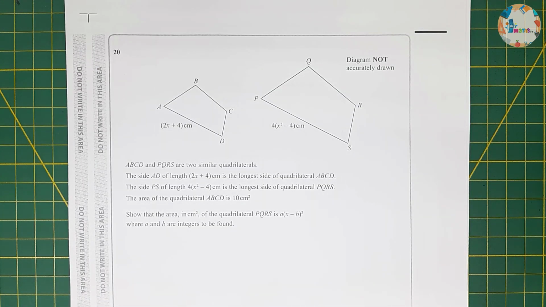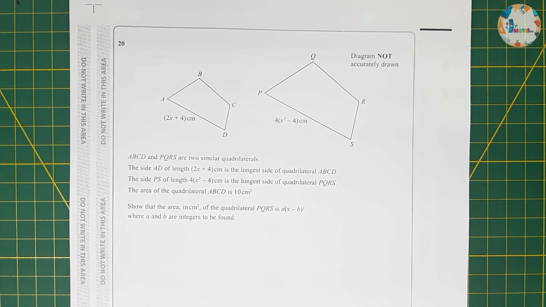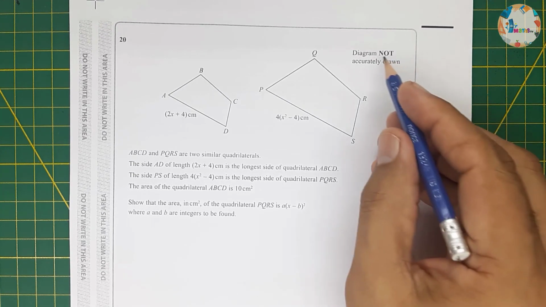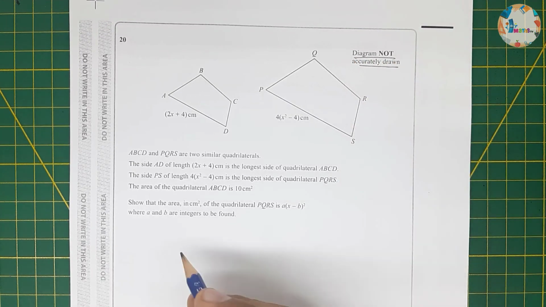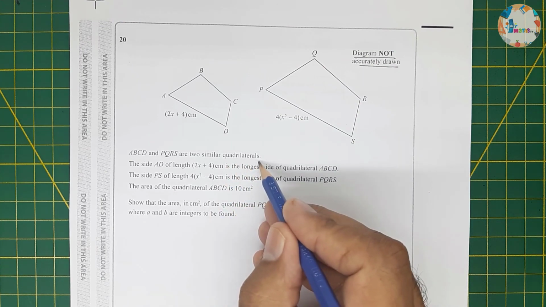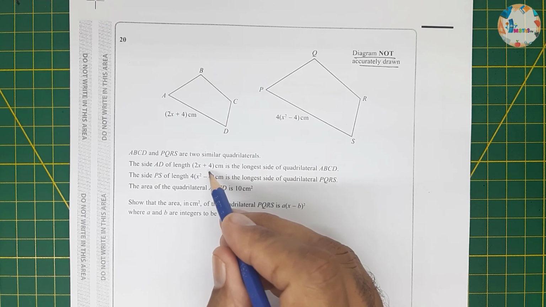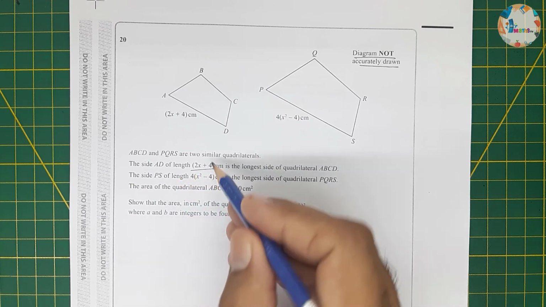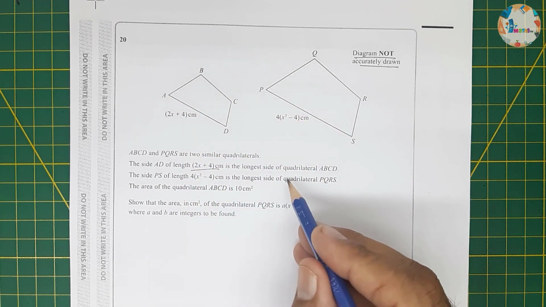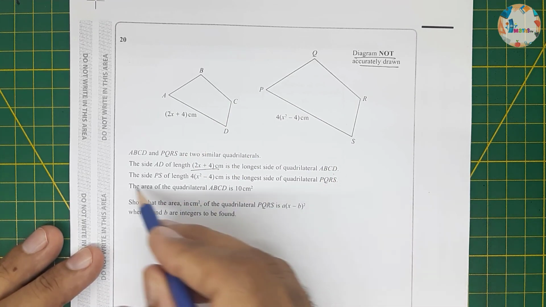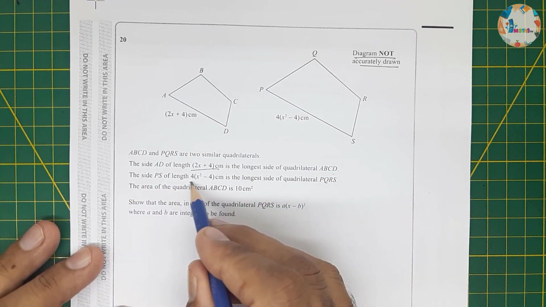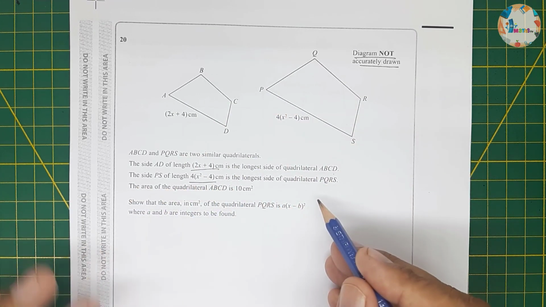Now this is question number 20. Two drawings are provided. Diagram not accurately drawn. ABCD and PQRS are two similar quadrilaterals. The side AD of length this much is the longest side of the quadrilateral, and the side PS, this one, is the longest side of the quadrilateral.